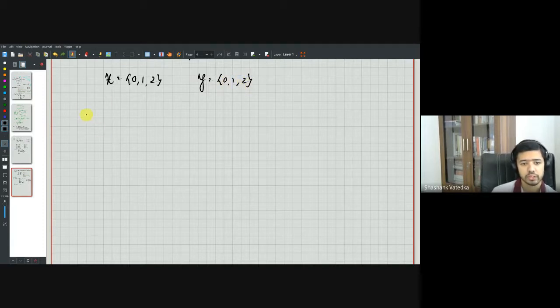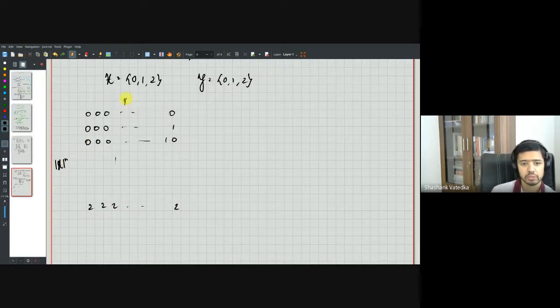So corresponding to each sequence, so the all 0 sequence, 0, 0, 0, then 0, 0, 1, then 0, 1, 0, and so on, all the way up to the all 2's vector. So there are size of x to the n possible sequences.